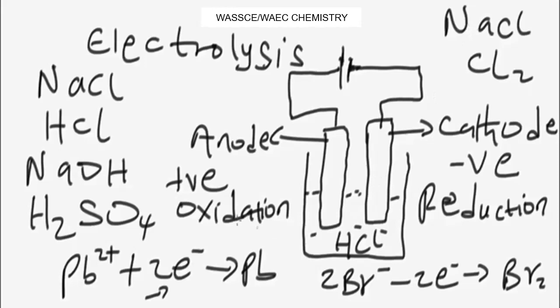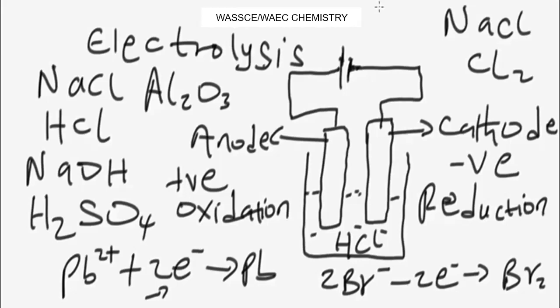For instance, in the electrolysis of aluminium oxide, aluminium will move towards the negative electrode, the cathode, to get reduced to form aluminium atom, whereas the oxygen will move towards the positive electrode, the anode, to get oxidized to form oxygen gas, the gaseous form of the atom.